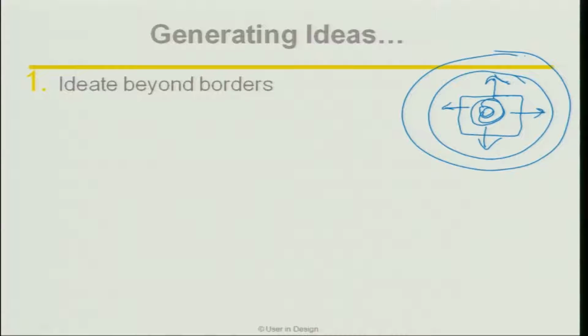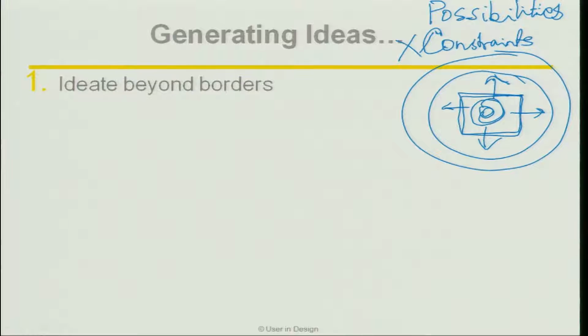But what you're doing in the process of this is when you work within a border, you're working within constraints, right? The uppermost thing is the constraints. When you try to operate outside the border, what you're focusing on is the possibilities.